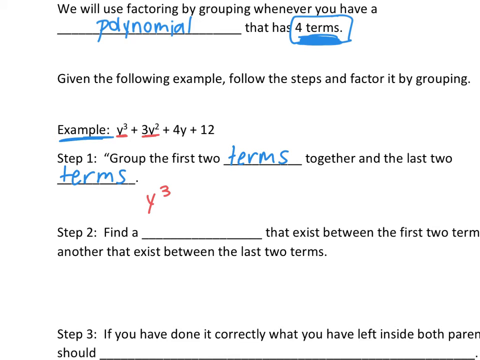Y to the 3rd plus 3y squared. I'm going to put those in parentheses on their own. They're grouped together. I'm always, always, always going to put a plus sign between that set and the next. And then I need my last two terms, and what are they? 4y plus 12.